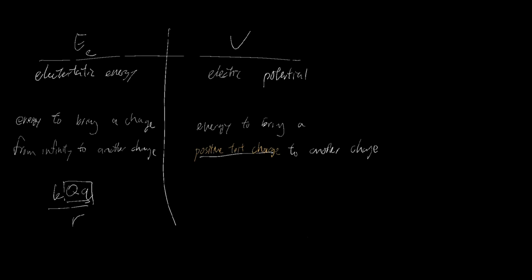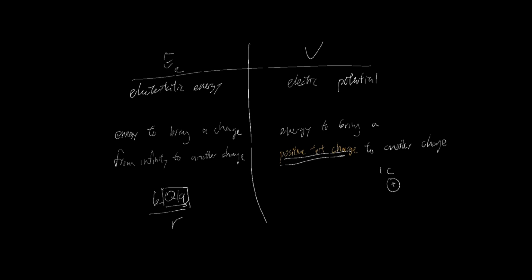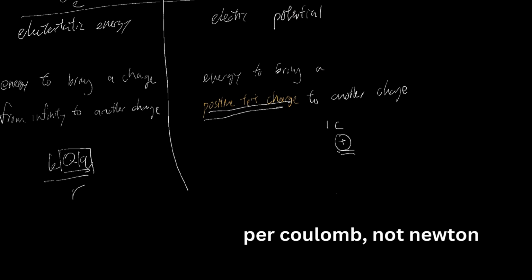So what do we mean by positive test charge? Generally, a positive test charge just means a positive charge of 1 coulomb. And instead of another charge that we are changing, which could be whatever charge, this time it's a fixed charge, so that we can know how many joules there are per coulomb.